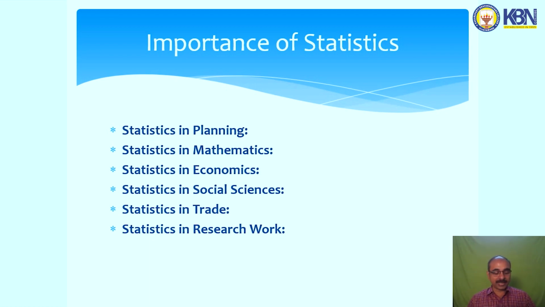Next, social sciences. Today, every social phenomenon is affected to a marked extent by a multiplicity of factors which bring out variation in observations from time to time. Observations are ever changing.